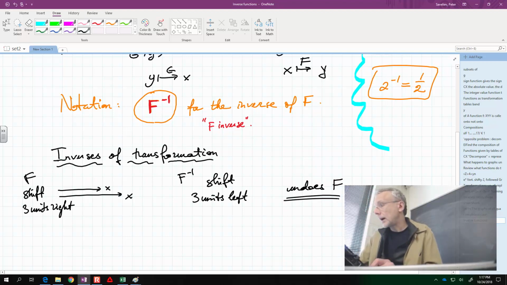Well, maybe then you can tell me what this means mathematically. Once again, in light of our discussion the last month or so, what does it mean that there are two functions and one undoes the effect of the other? What do I do with these two functions, f and f inverse?